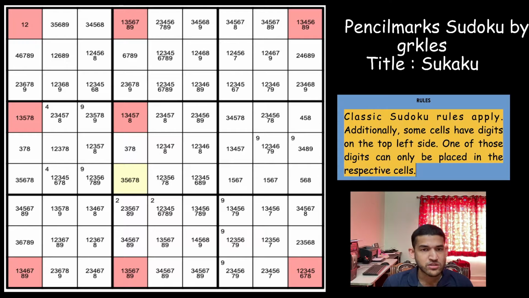Okay. Now let's see. So I think it's time to remove the ones highlighting too. So we have removed the ones from all those columns. So we need not highlight these. Let's remove that. Now let's see.